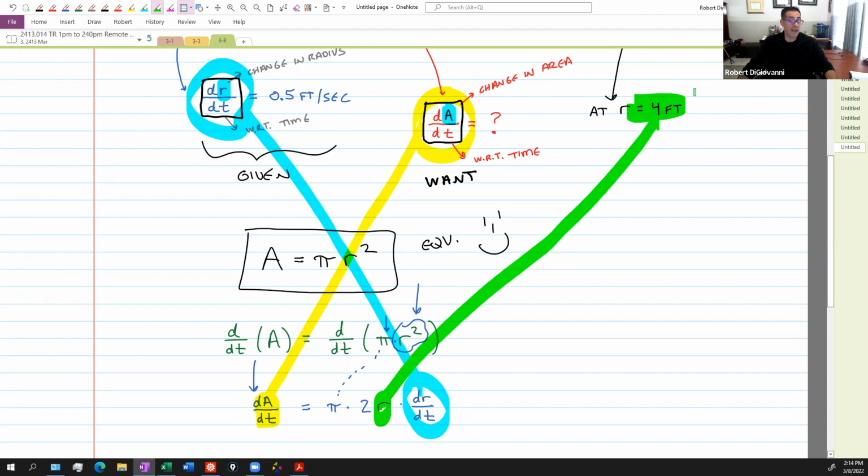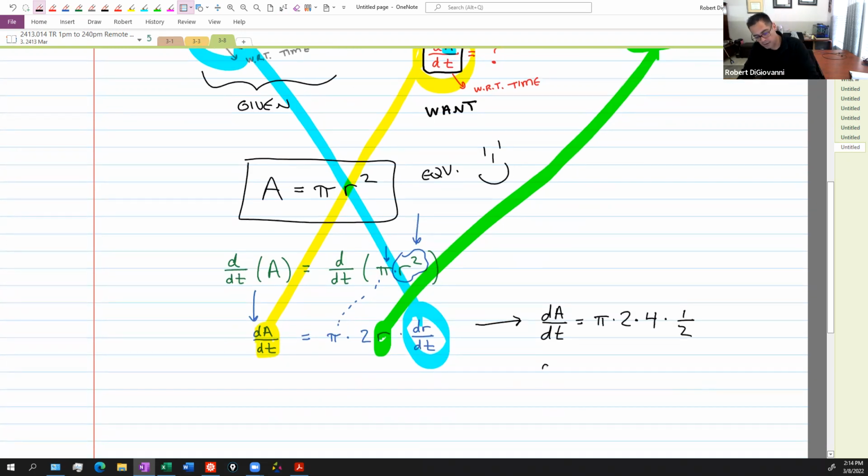So basically, I have everything I need to fill this out. dA/dt, the left side of the equation, will be equal to pi times 2 times the radius. What was the radius? 4, times dr/dt. What was dr/dt? 0.5, or a half. I'm going to put a half here. Is that all right instead of 0.5?